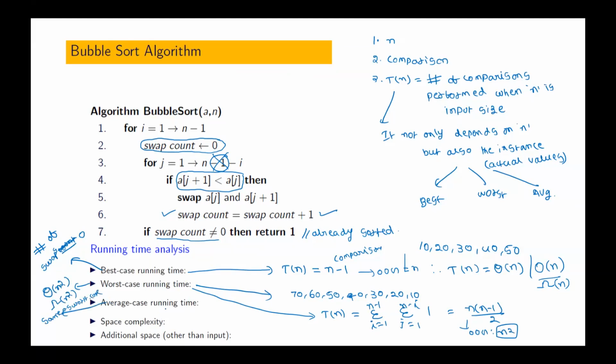What is the amount of space this algorithm requires? Compared to the last analysis, n plus 1 more, so n plus 4.